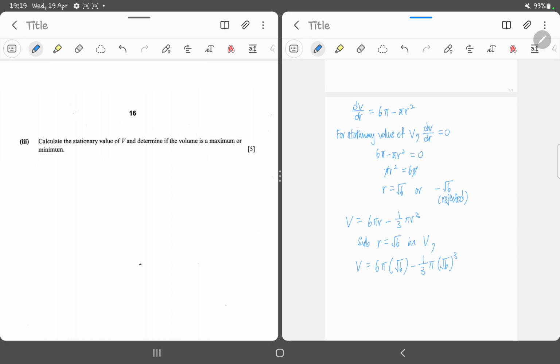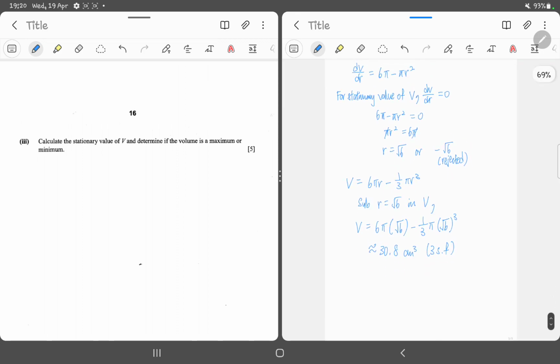Let me key this into my calculator. This gives us 30.8 cm cubed, rounded off to 3 significant figures.